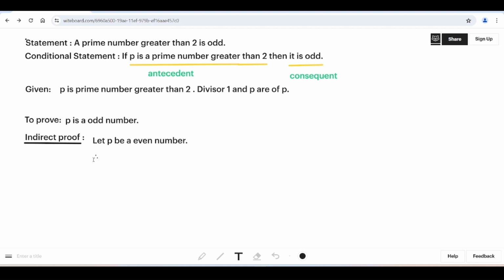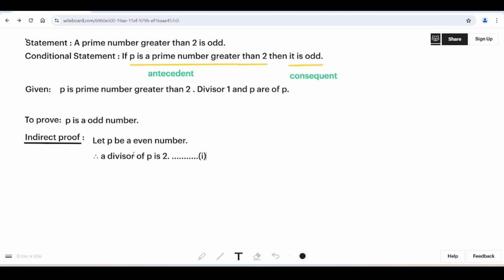Therefore, if P is an even number, then 2 is also a divisor of P, because every even number is divisible by 2, right? So this is our equation number 1.